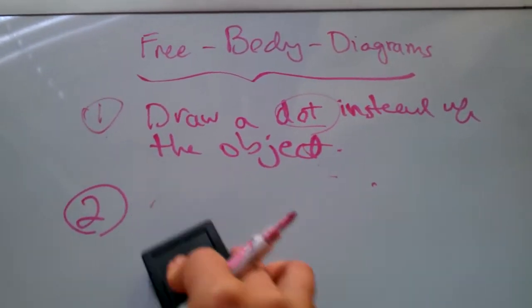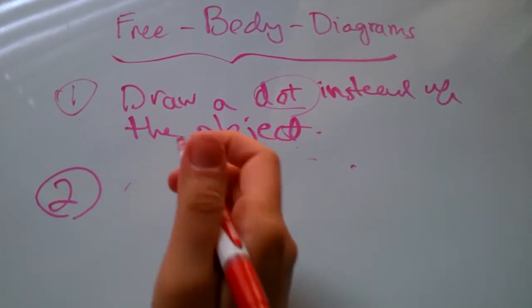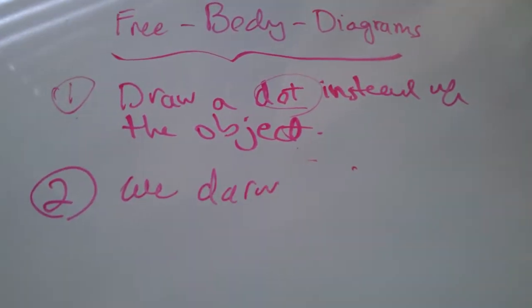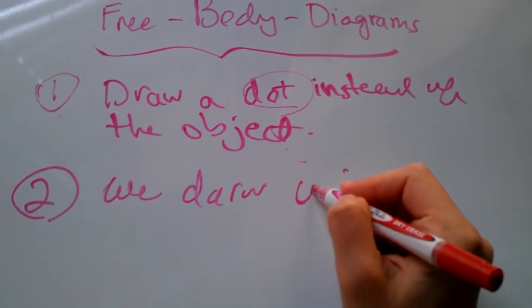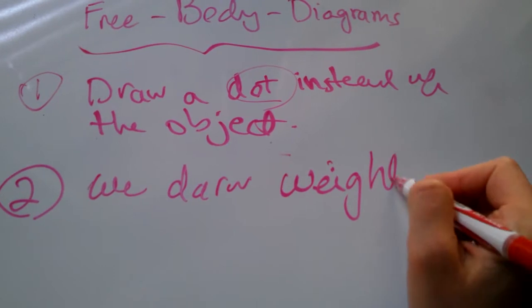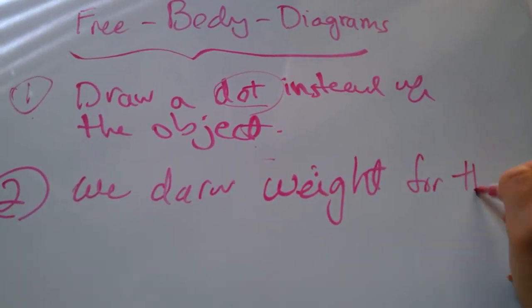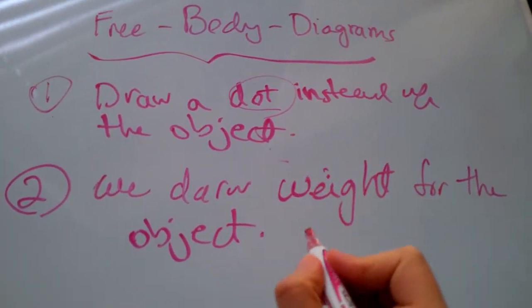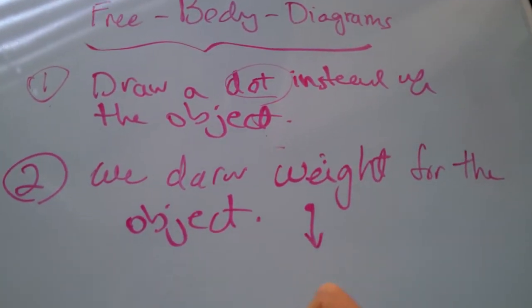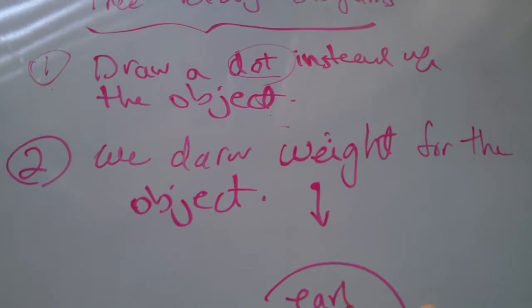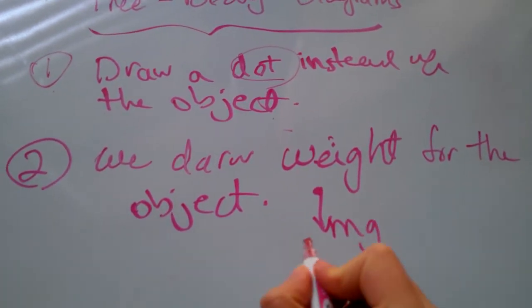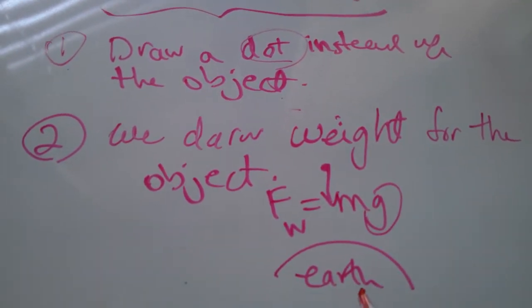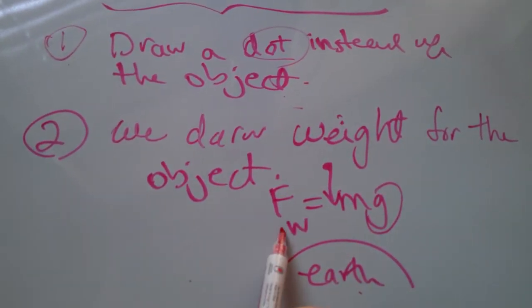So no matter if we are in the air or not, we draw weight for the object. Okay? And we know weight is a downward force towards Earth, and it's mg, mass times acceleration due to Earth. This is weight.